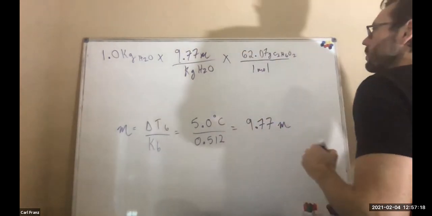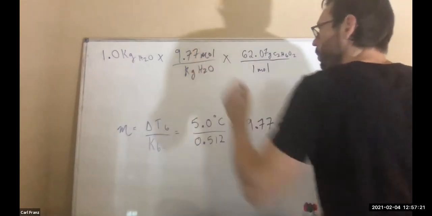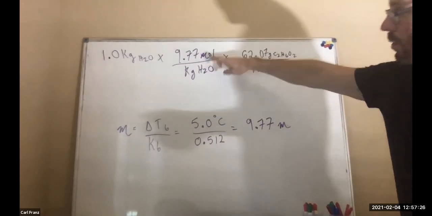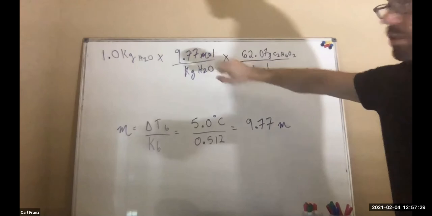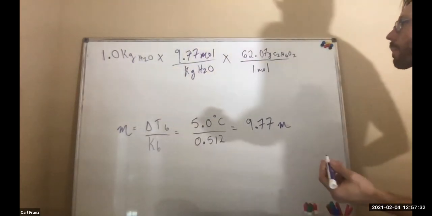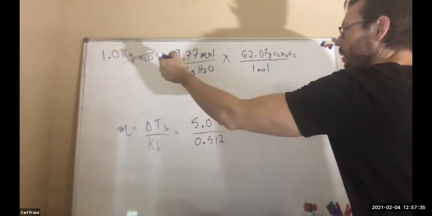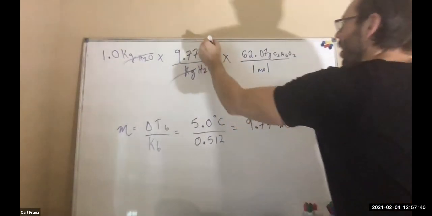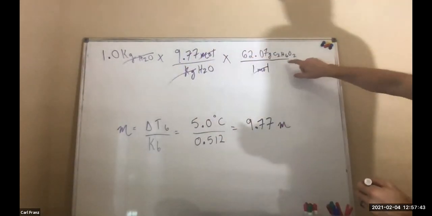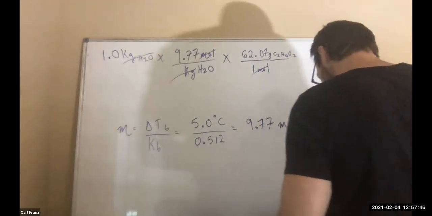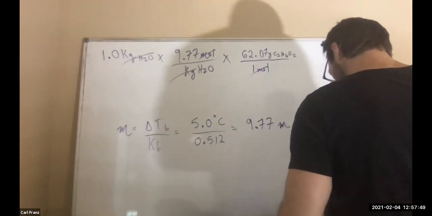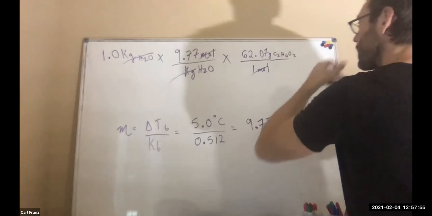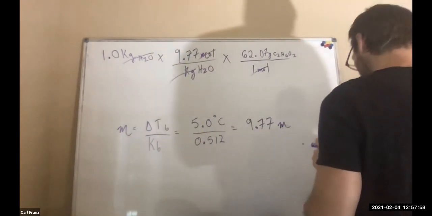Okay. Essentially, this is now moles. If we're expressing the molality, molality equals moles over kilograms. So now the kilograms of H2O cancel out, and we just get grams. And that's what they're asking for. So if we compute all that out, essentially it's just 9.77 times 62.07.